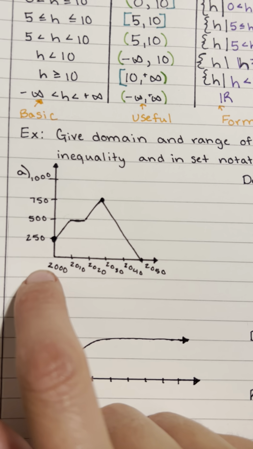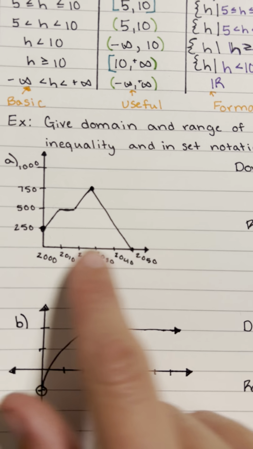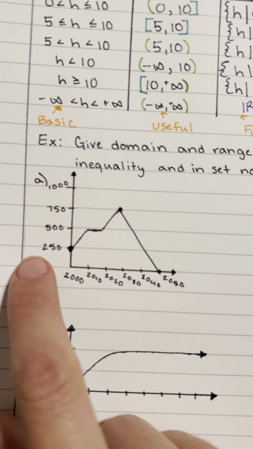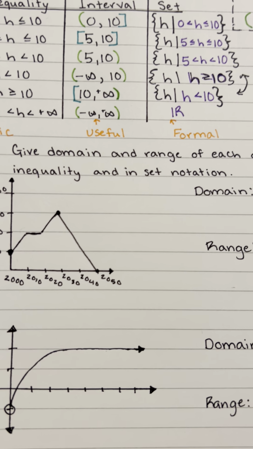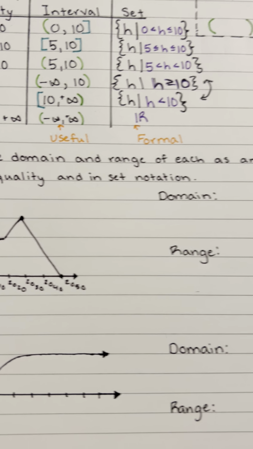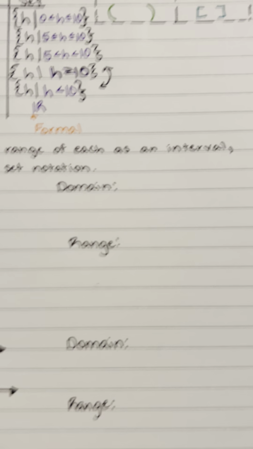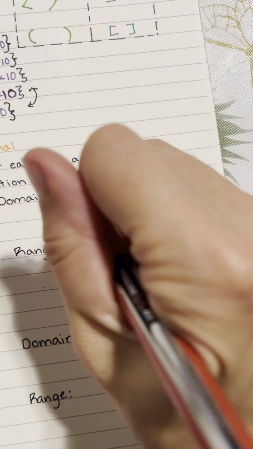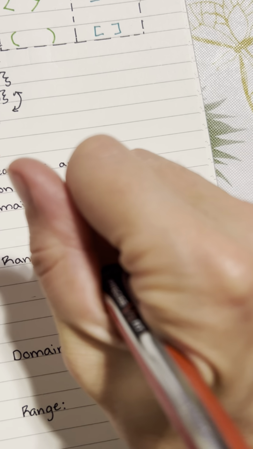Well, this graph runs from the year 2000 to 2050. So the domain is anywhere between 2000 and 2050. So when I go ahead and write that in interval notation, we're going to write 2000 to 2050.